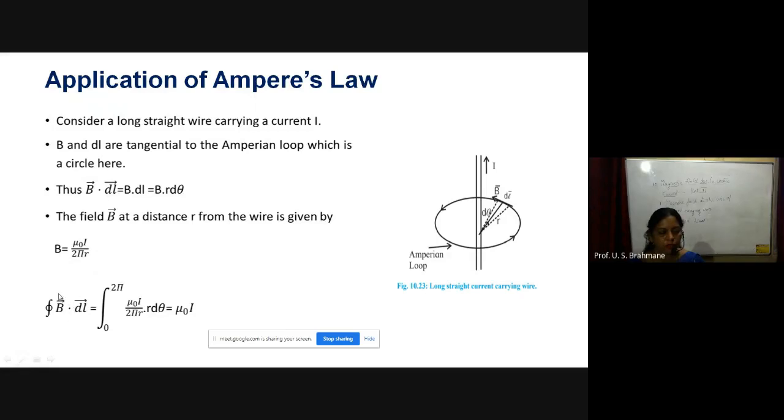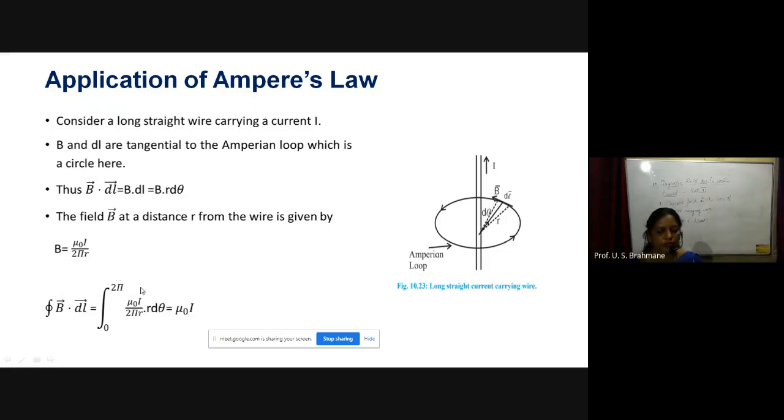The integration over the closed loop of B dot dl vector equals the integral from 0 to 2 pi. For B we substitute mu 0 I upon 2 pi R, and for dl we substitute R d theta.